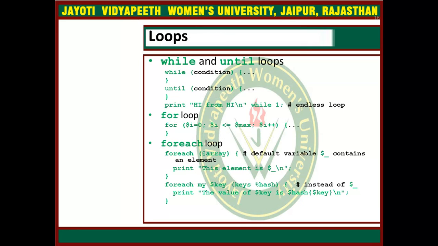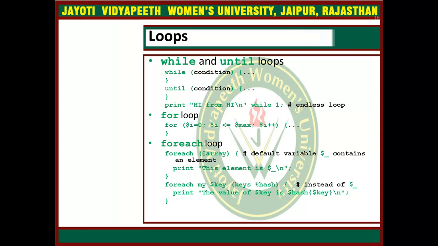Come to the loops. While and until loops are used like other languages. While, in between the condition in the braces, and while after that the condition you have to specify. Then until means that the condition is not fulfilled until this condition. Then after fulfilling that requirement, the print command executes.